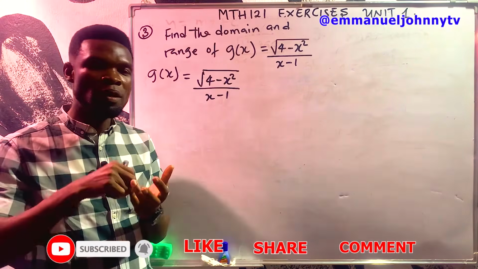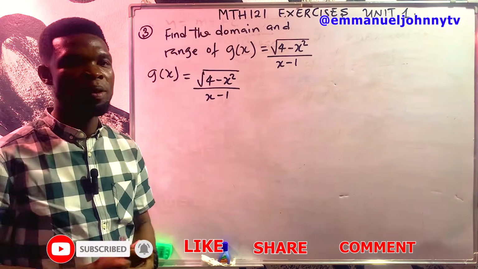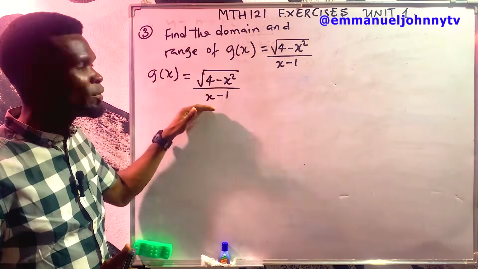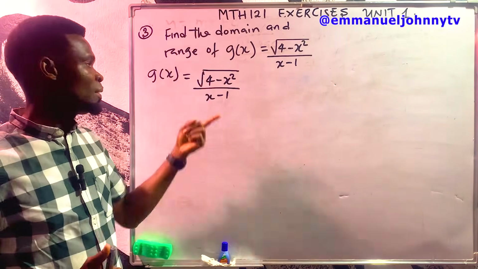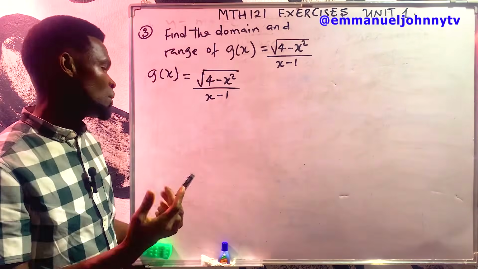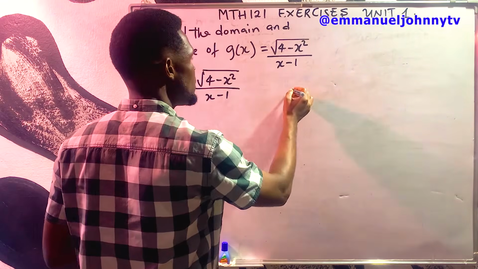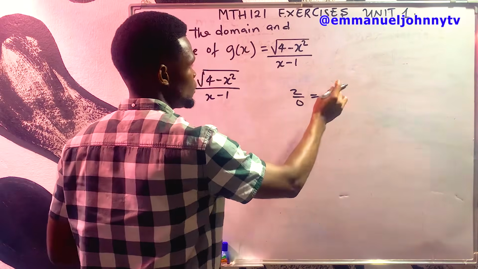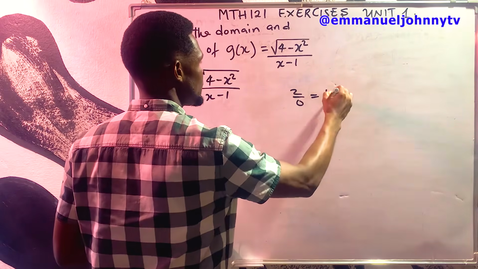It must be from 0 to positive numbers. Number 2, for a rational function to exist, the denominator can never be 0. For instance, just carry a calculator, punch any number, say 2 over 0. The answer is, automatically, you will see the word undefined.